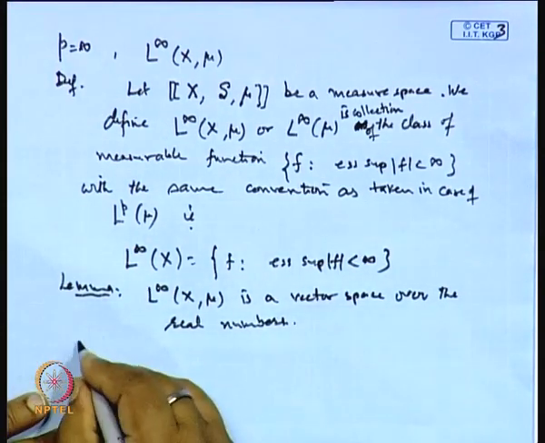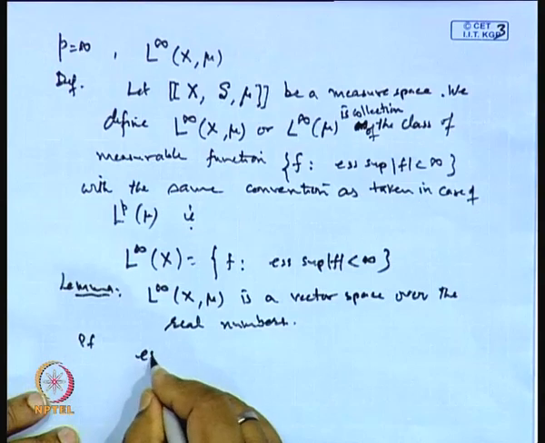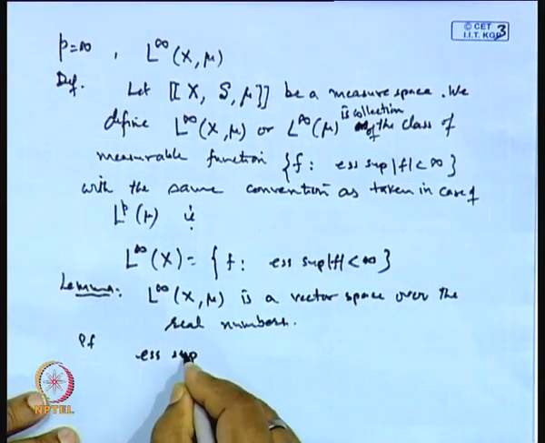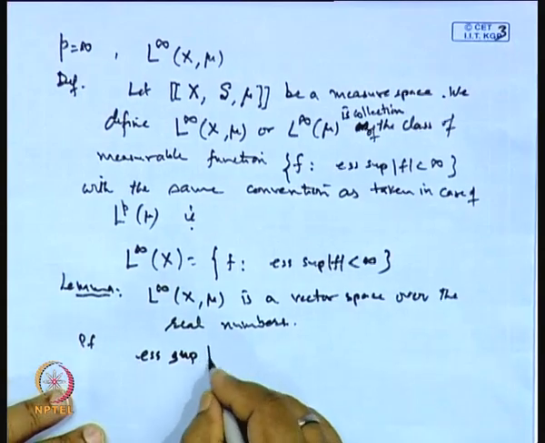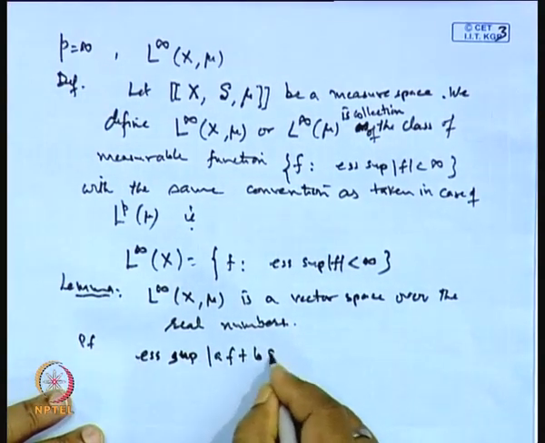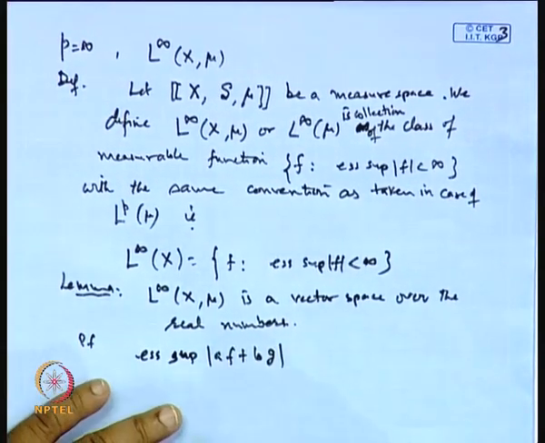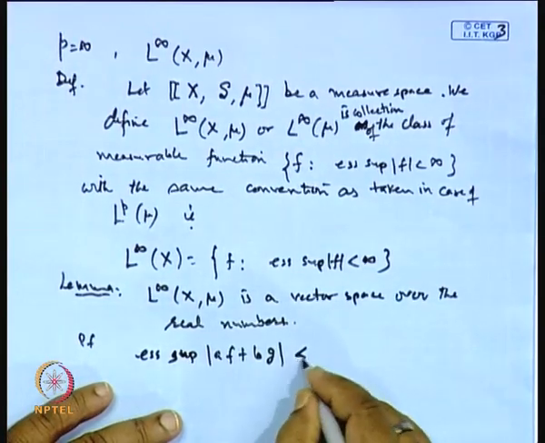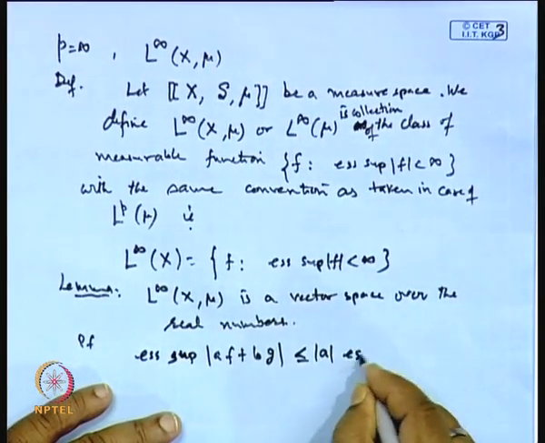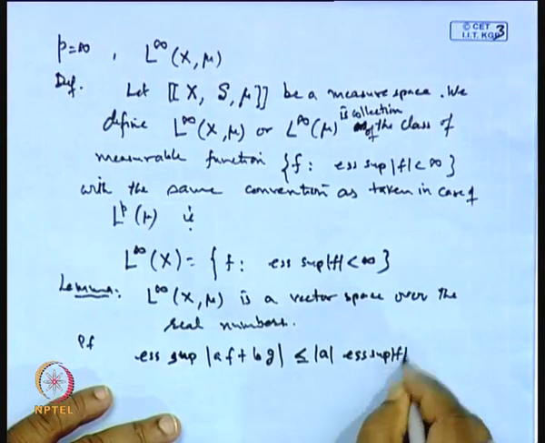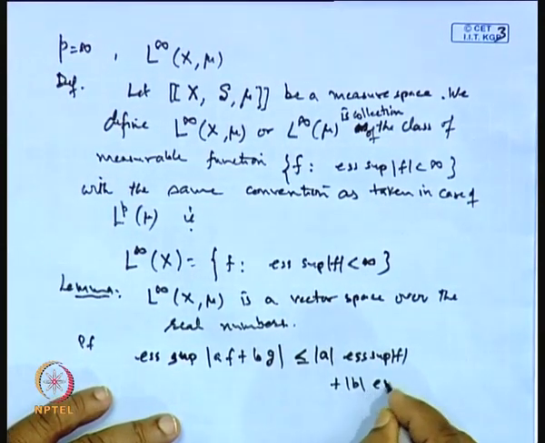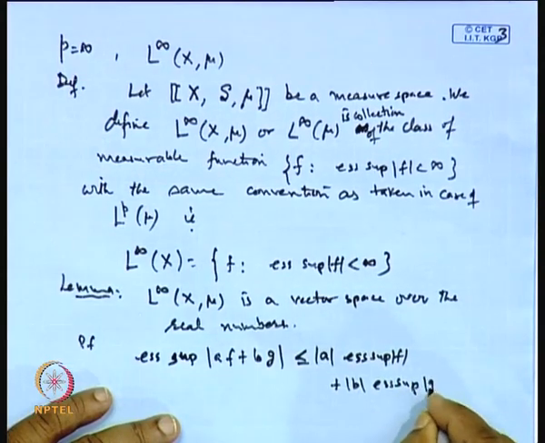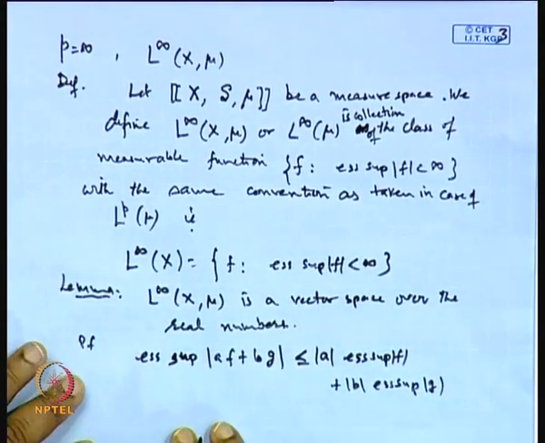The reason is, we know the essential supremum of |a f + b g| is less than or equal to |a| times the essential supremum of |f| plus |b| times the essential supremum of |g|.